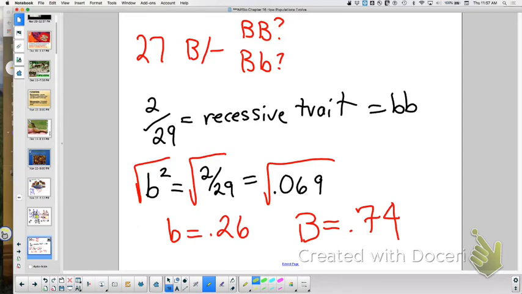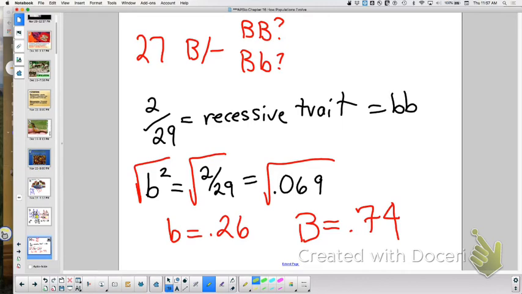Once you have little b, you know it's either little b or big B. So once you have little b, you know big B. Once you have those two values, you know what's in the gene pool. You can predict what will come out of that gene pool. You can predict each of those. So we could predict how many of you would be homozygous dominant, because we just took 0.74 times 0.74, big B, big B, times 29 people in the room.